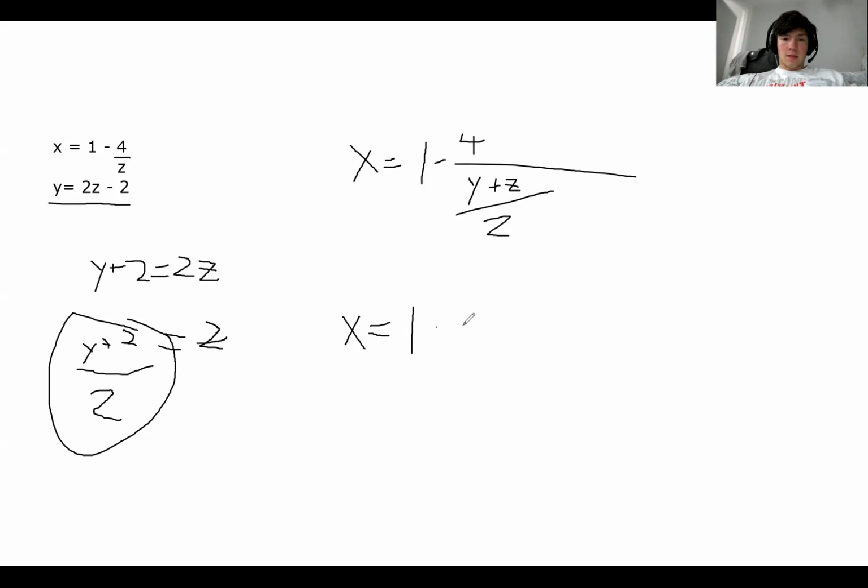So that's going to look like 4 over 1 times 2 over y plus z. Okay, so one more step is to multiply this out. We'll get x equals 1 minus, remember when you multiply fractions, we multiply straight across, so we'll get 8 over y plus z.